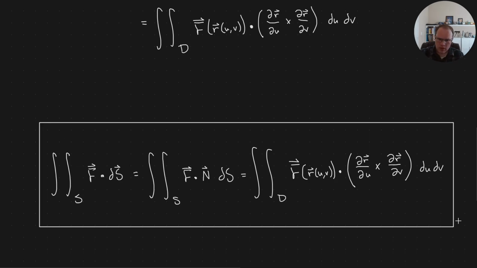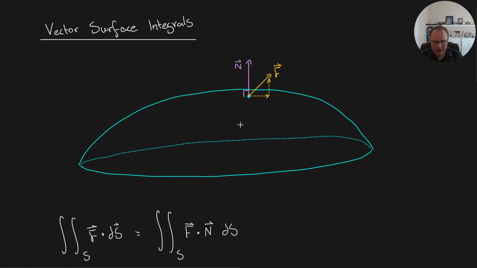Just one more thing. With the scalar surface integral, it didn't matter how we parameterize the surface. As long as it was a nice smooth parameterization, we get the same answer no matter what. Here, though, there's a couple possibilities. I've drawn my normal vector pointing up. But it's possible, depending on the parameterization, that I could get a normal vector pointing down. The normal vector determines which direction we count the flux as being positive in.